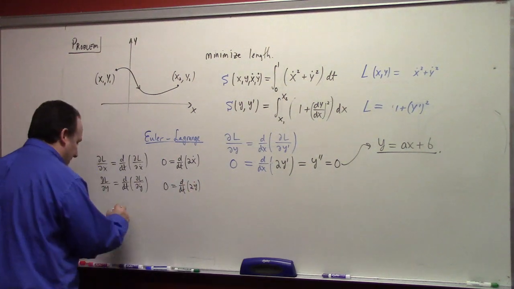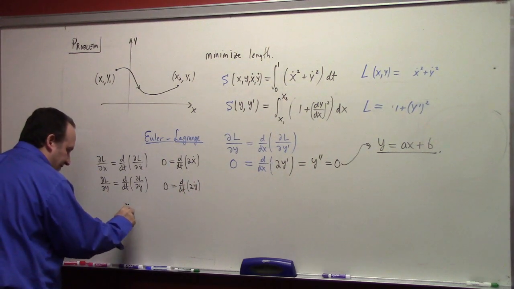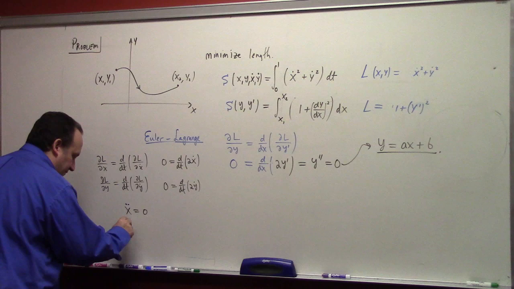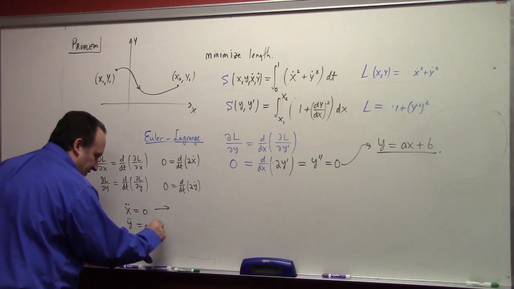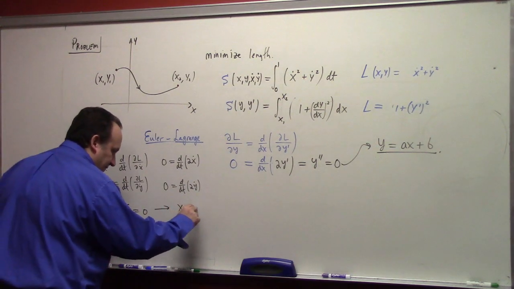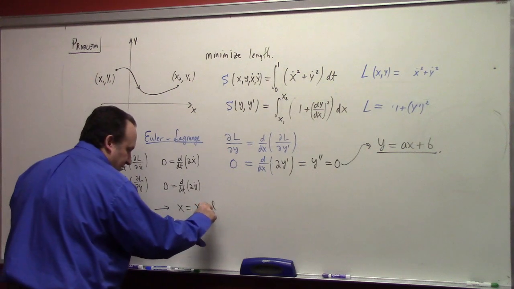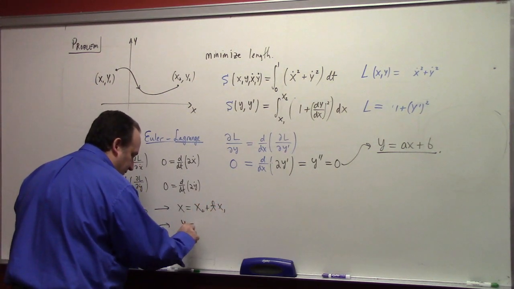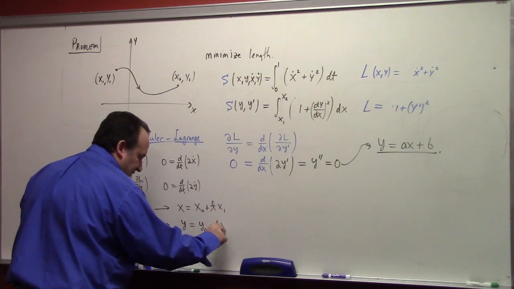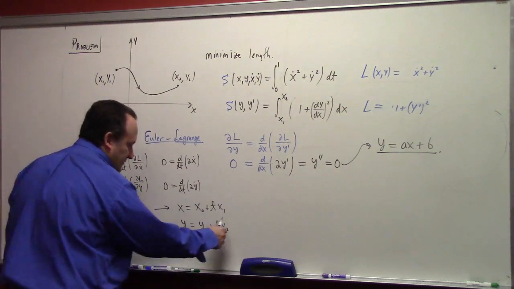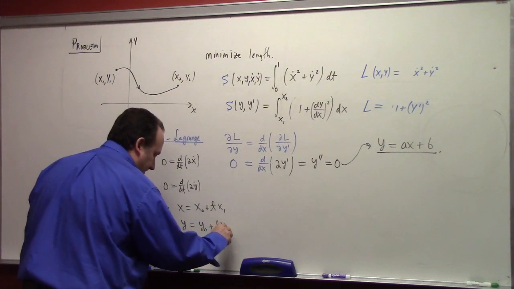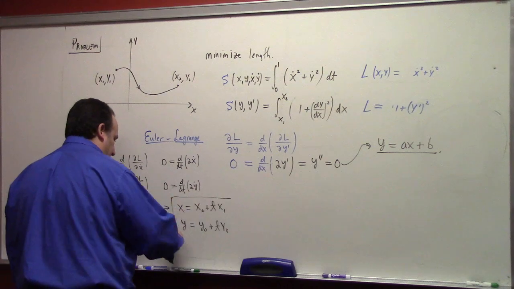So again, we get x double dot equal to 0 and y double dot equal to 0, right? Which integrating twice gives me x equals x naught plus t x1 and y equals y naught plus t y2, right?